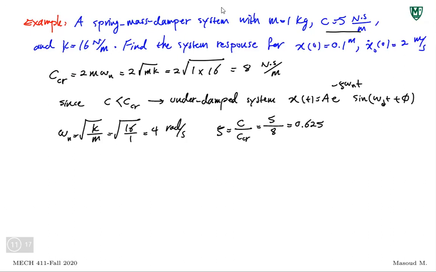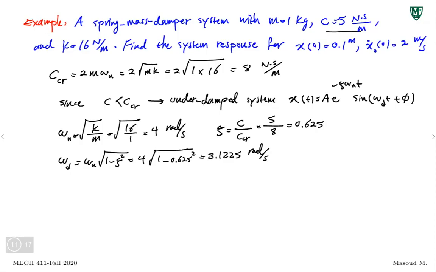I found omega n and zeta, so I can find omega d, the damped natural frequency, which is omega n times the square root of 1 minus zeta squared. I have omega n as 4 multiplied by the square root of 1 minus 0.625 squared. This will give you 3.1225 rad per second. As expected, omega d should be smaller than omega n for an underdamped system.